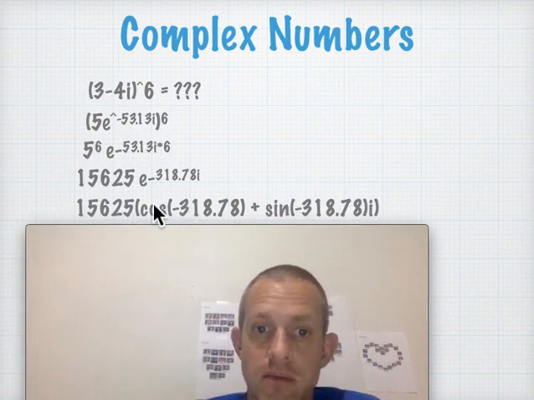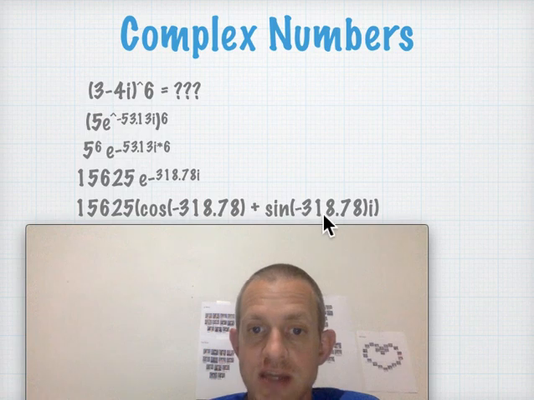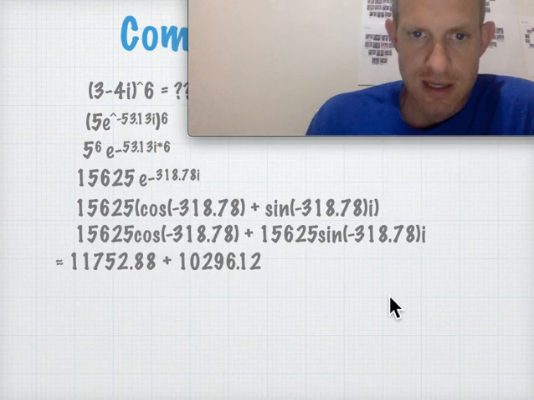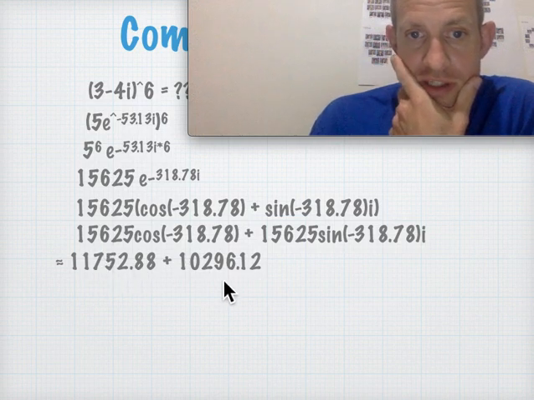I can now just type this in my calculator: 15,625 times the cosine of negative 318 degrees, and 15,625 times the sine of negative 318 degrees. If I type those in, I get these numbers.